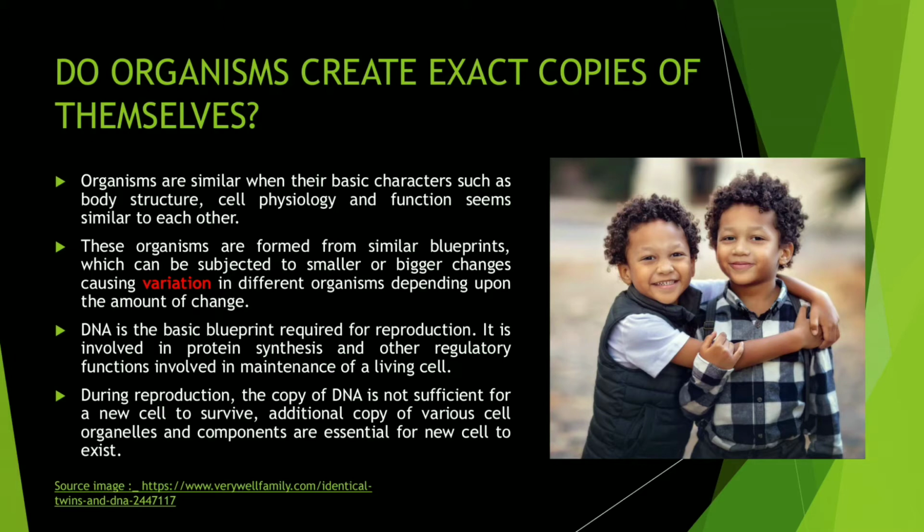Now, during cell reproduction, the copy of DNA is not sufficient for a new cell to survive, and therefore the DNA has to replicate itself so that it can be given to the next generation of cells.